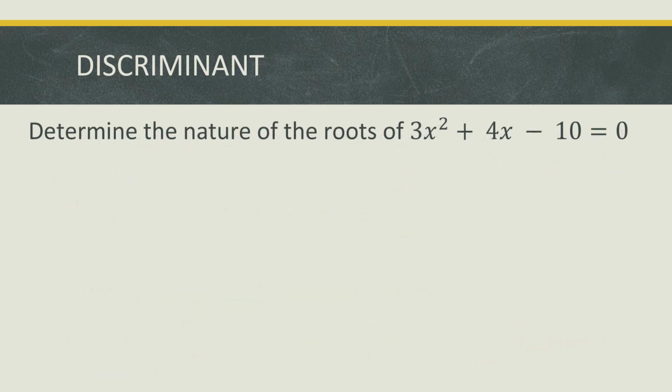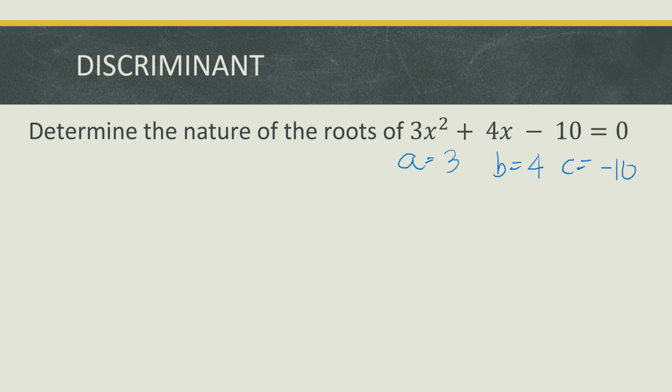Another example, let us determine the nature of the roots of 3x squared plus 4x minus 10 equals 0. Again, the first thing we need to do is to know the values of a, b, and c. The value of a in our equation is 3, the value of b is 4, and the value of c is negative 10.